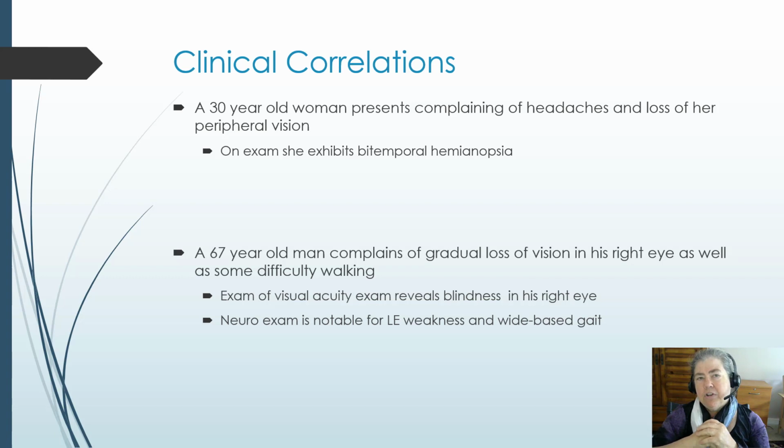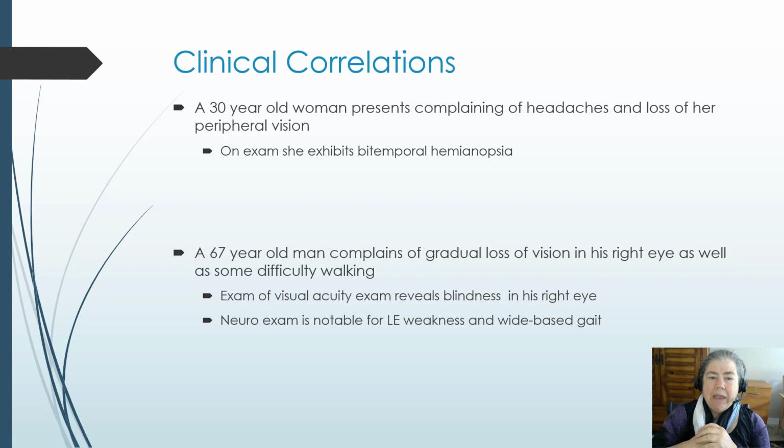So where do you think the lesion is? And in this case, that lesion is in the optic chiasm. And the most common cause of a lesion in the optic chiasm is a pituitary adenoma, often a prolactinoma. And we'll talk about the pituitary gland as we move a little further into the course. But that's just something that could happen.